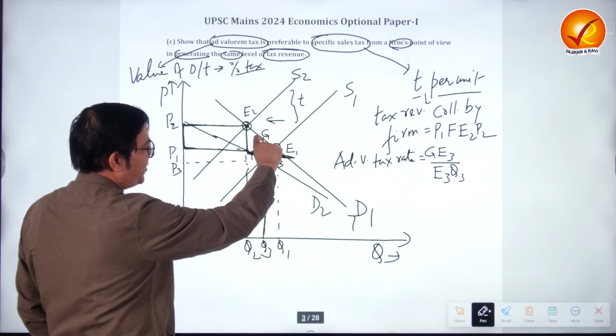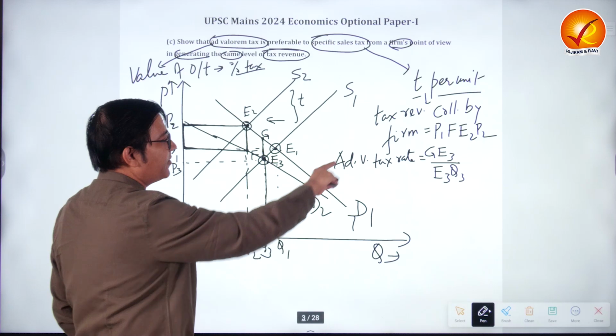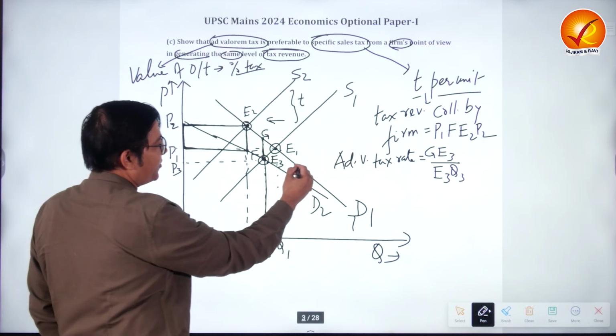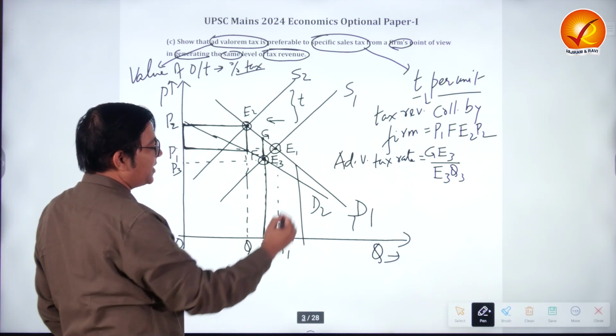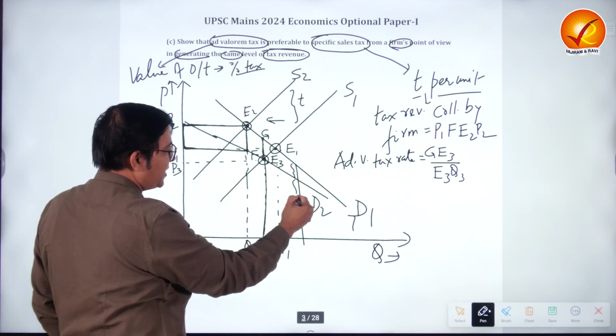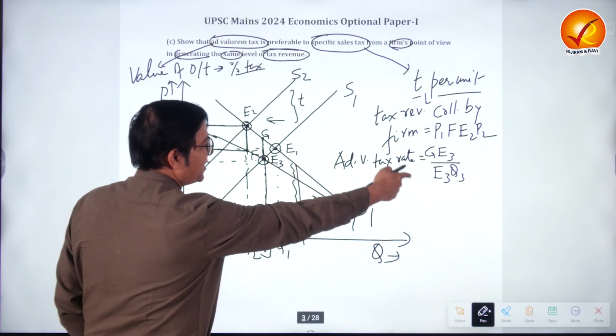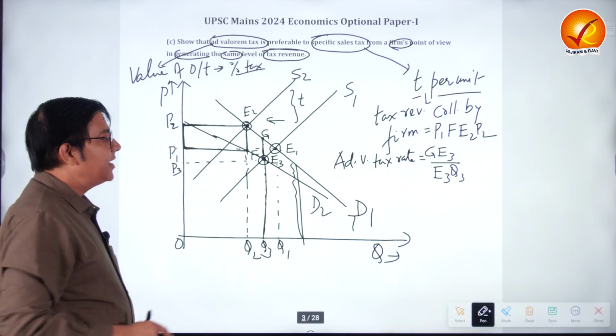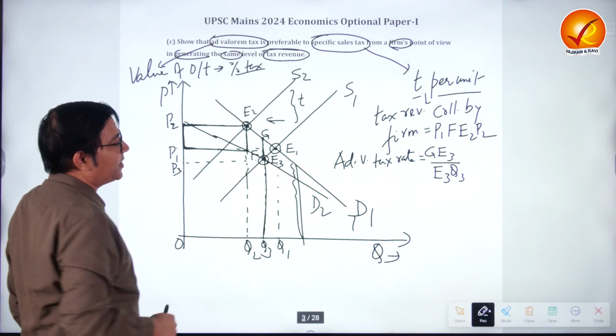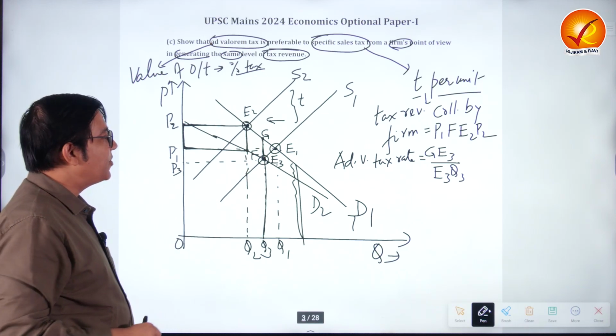The distance between D1 and D2 upon the remaining will be the same rate. If you take a point here, hypothetically, then this divided by this should be the same as GE3 upon E3Q3. We are using this logic to come to our answer.